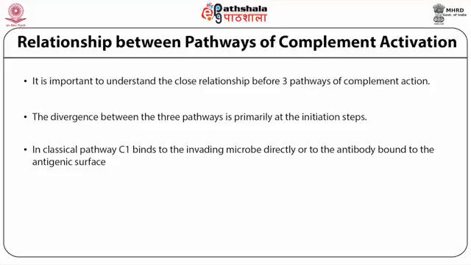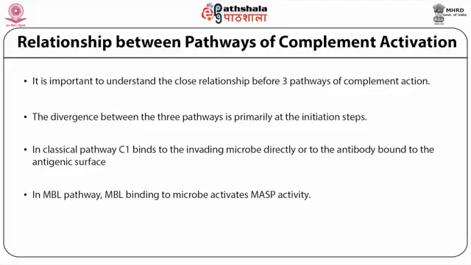An alternate scenario is that C1 binds to the antibody bound to the antigenic surface. This involves adaptive immunity. In the MBL pathway, MBL binding to the microbe activates MASP activity. In the alternative pathway, this function is carried out by factor D.